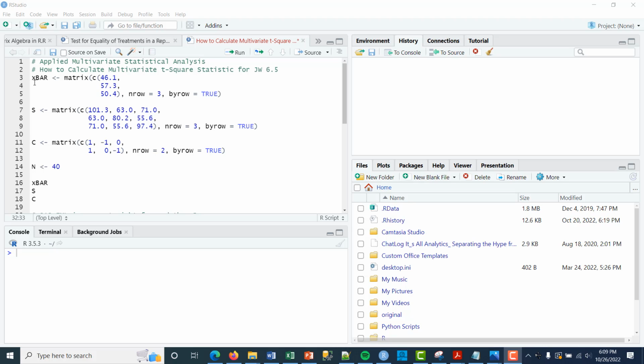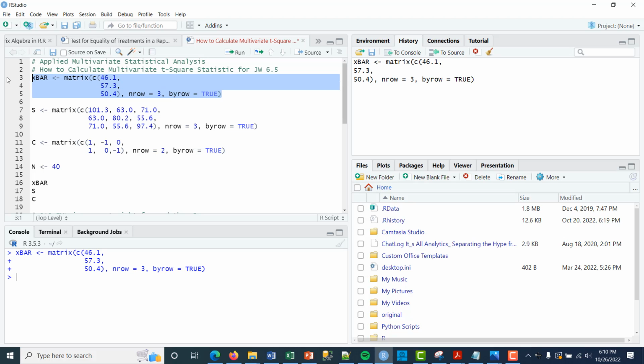If you can see my screen, what I'm going to do here is throw this means vector into x bar right here using R and the matrix function. So matrix, and then I have a column vector, 3 rows, so a 3 by 1 vector that I create right here, and then I hit Control Enter, and that's it.